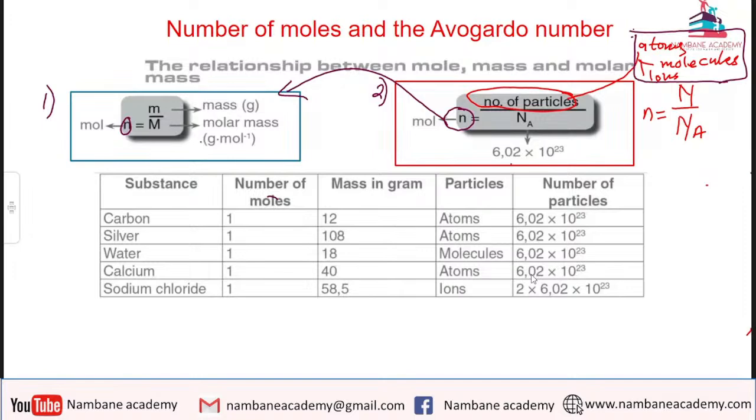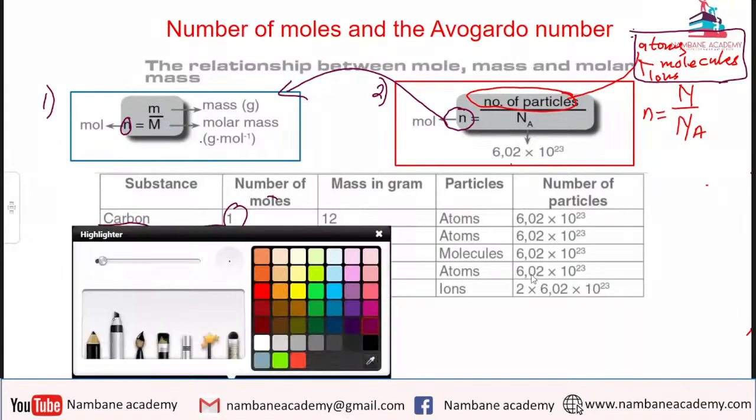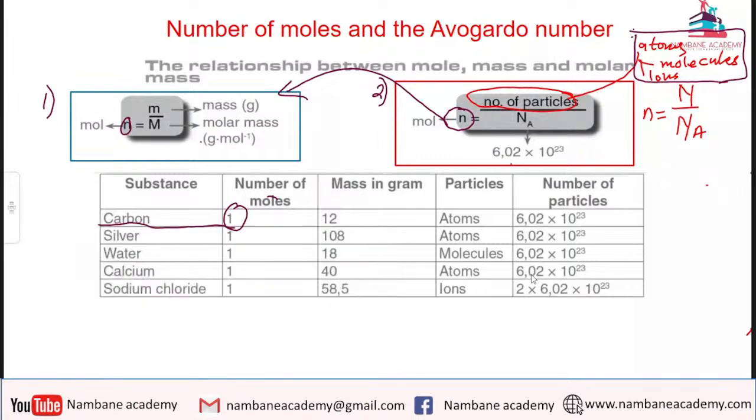Ladies and gentlemen, this is just a basic table that explains how to get the number of moles. So when we go to the periodic table and look for carbon, remember we are referring to 1 mole of a substance. It's easy, from multiple choice questions, to ask what 1 mole of carbon represents in terms of mass.